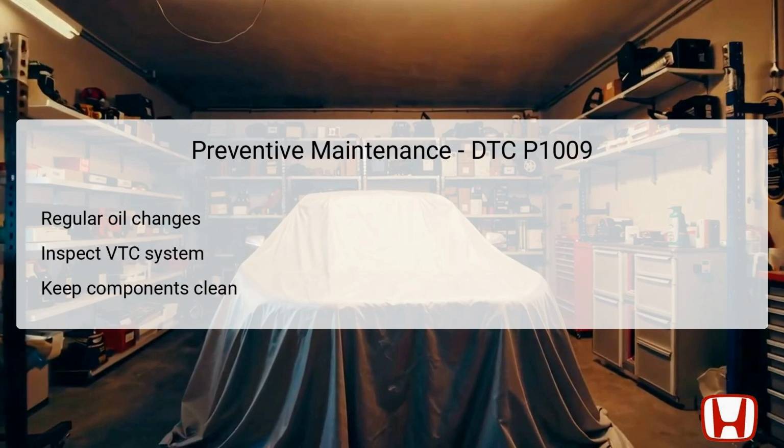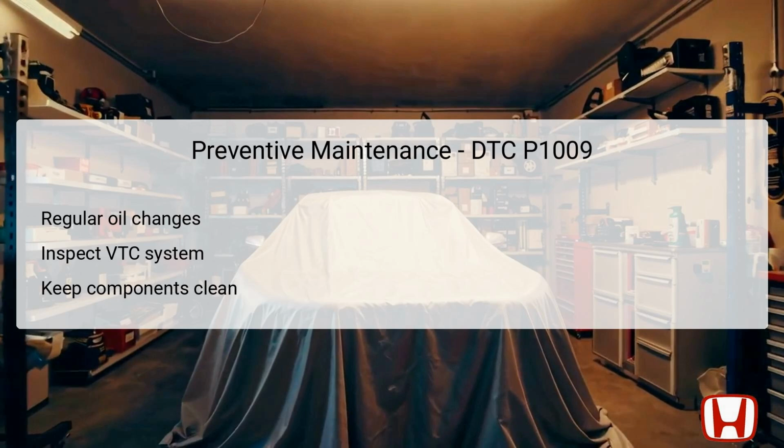Preventive maintenance is vital to avoid future occurrences of DTC P1009. Regular oil changes should be prioritized, as clean engine oil significantly impacts the performance of the VTC system. Discussing oil cleanliness, it's also essential to inspect the VTC system periodically for any signs of wear or buildup that could impede function.